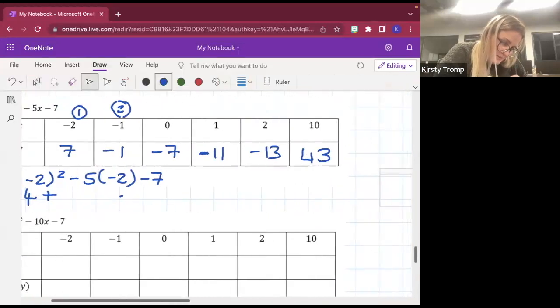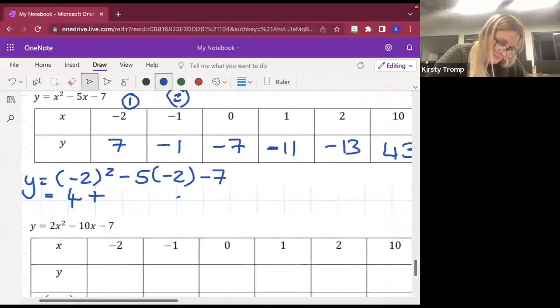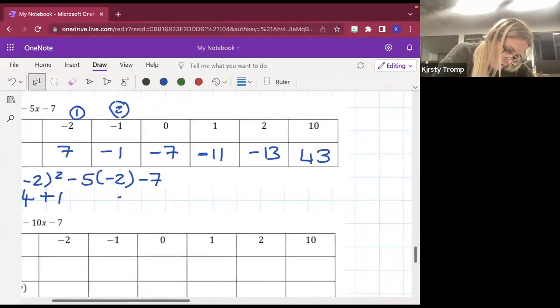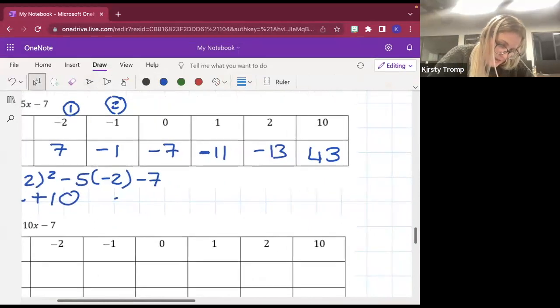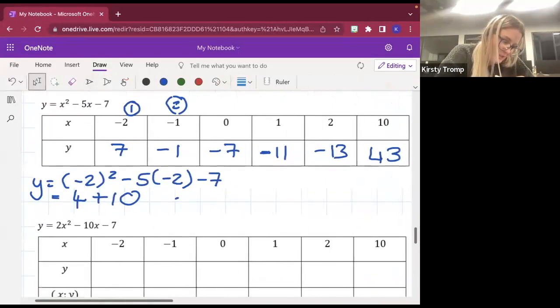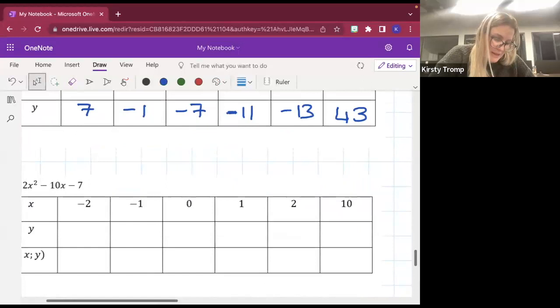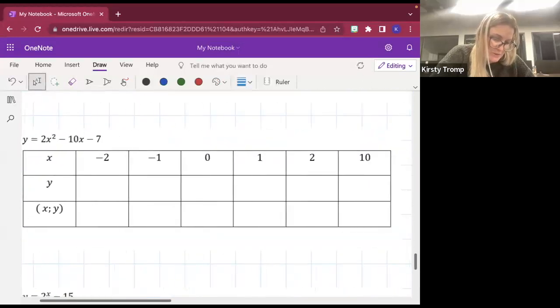Do you agree with that? What does a negative times a negative give you, Tando? A positive. And 5 times 2 will give you 10. I think I didn't put it correctly on my calculator.